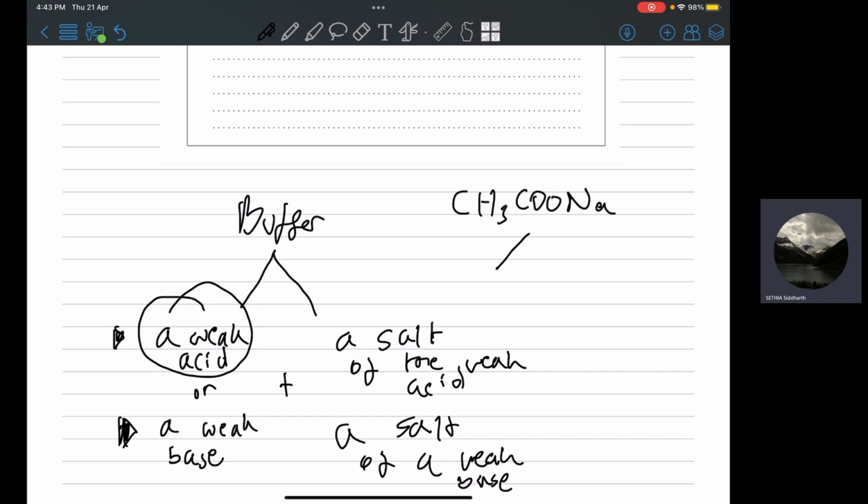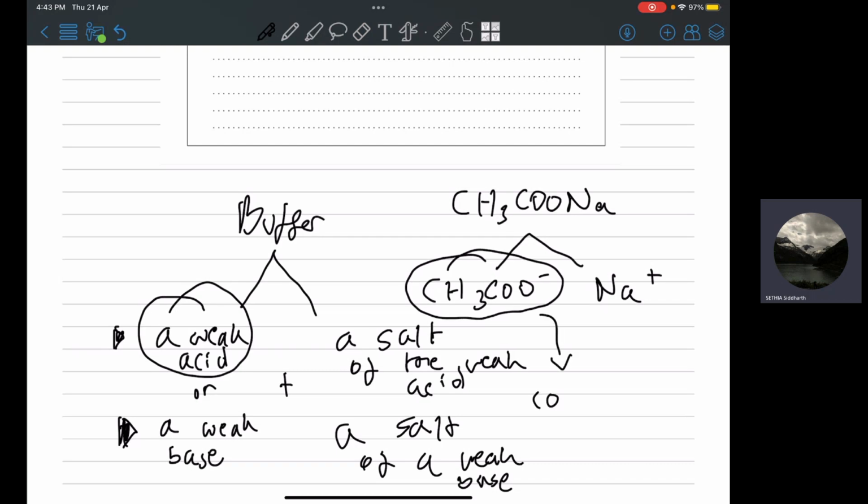Now this salt is made up of two parts: the negative part of the acid and the positive part of the base, right? And this negative part is called the conjugate base. So this is the conjugate base of the weak acid.